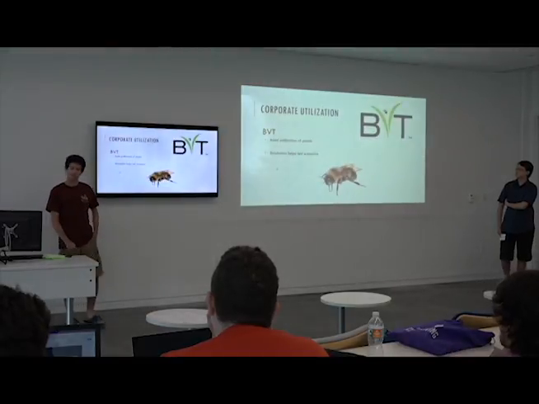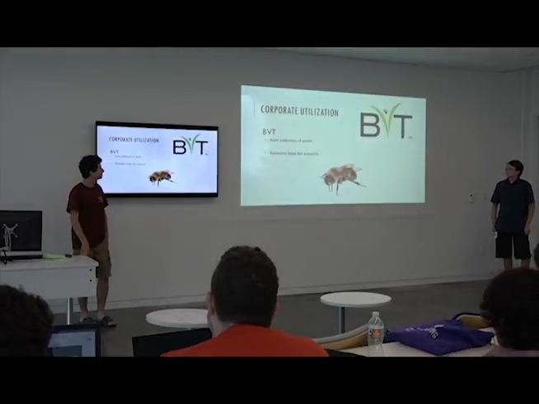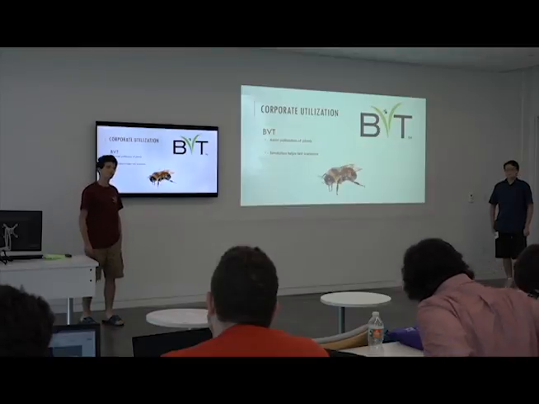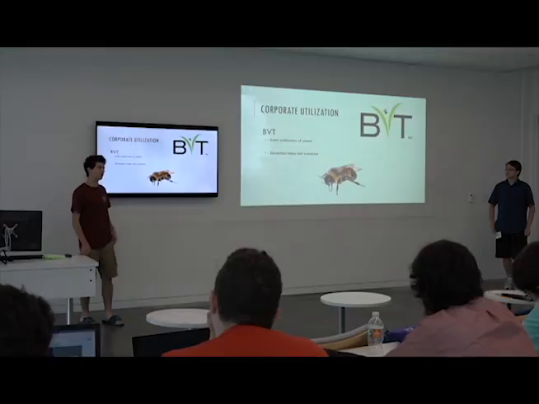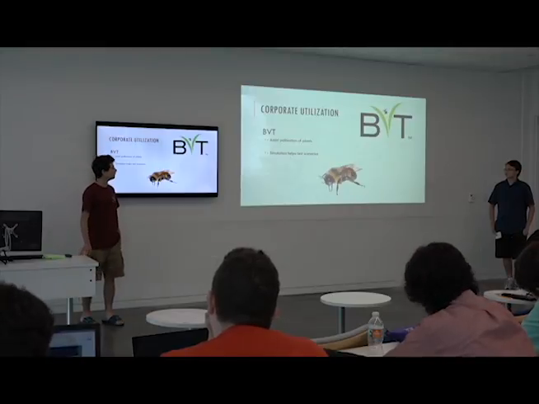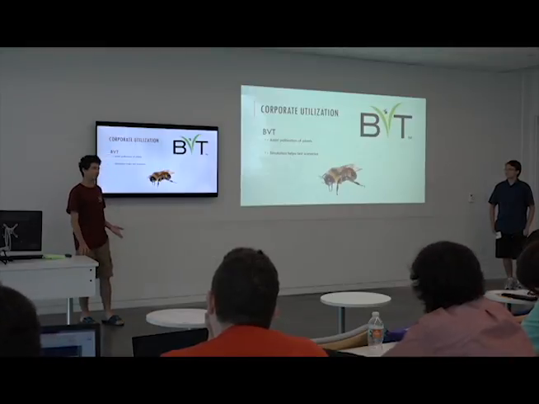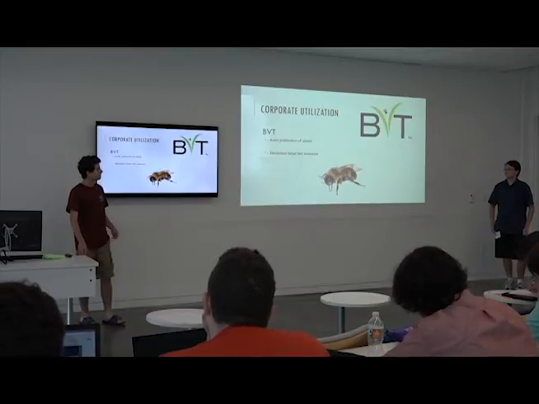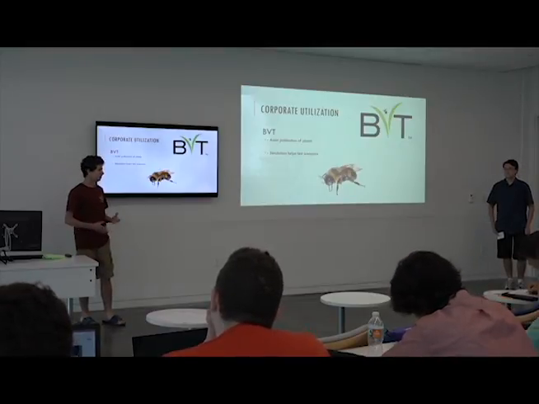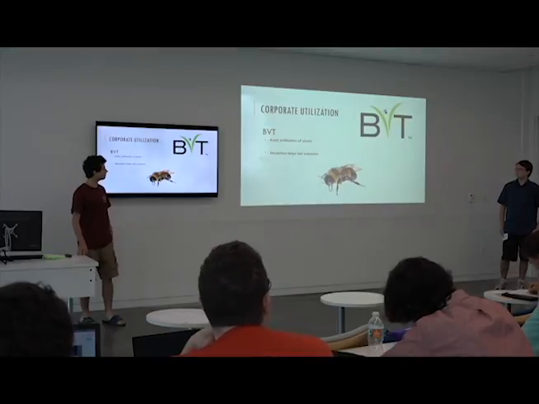As far as potential companies, the main one we've looked into is BVT, which is a company that assists with pollination given the declining population of bees. They use the bees that exist to get an idea of how to do it and translate it into an artificial way.